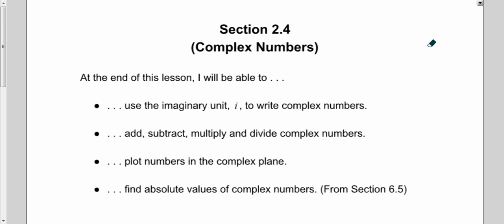Two, I will be able to add, subtract, multiply, and divide complex numbers. Three, plot numbers in the complex plane. And four, find absolute values of complex numbers. Now this last one is not from section 2.4, it's actually from section 6.5. I'm going to parse that off a bit. I just figured this was an appropriate time to talk about absolute values of complex numbers.